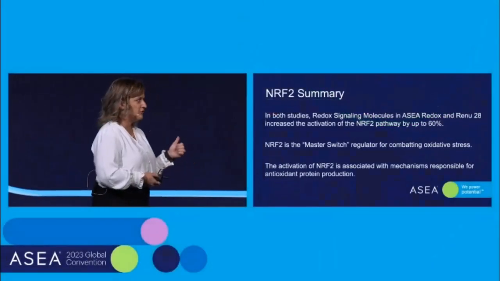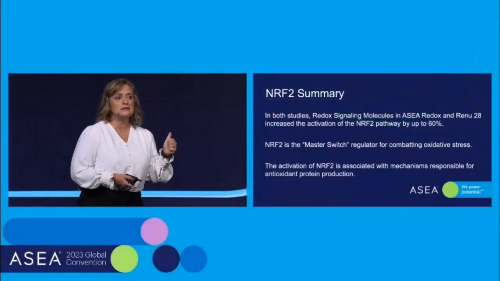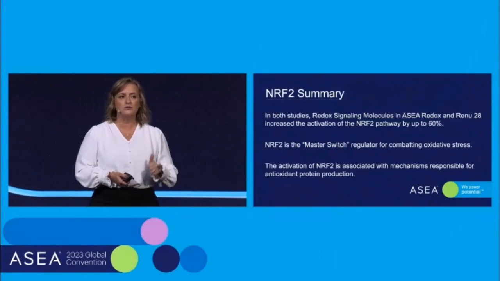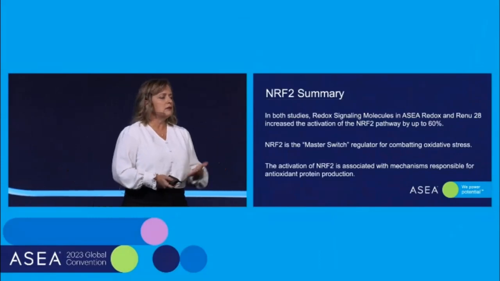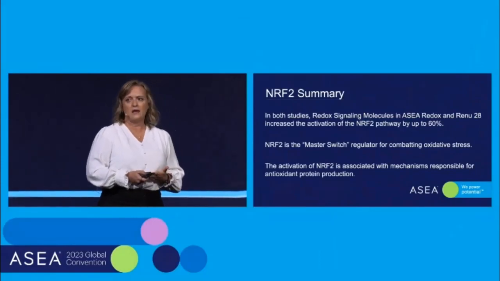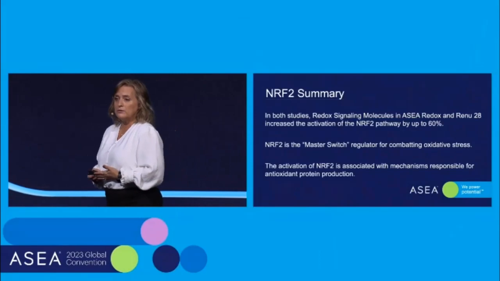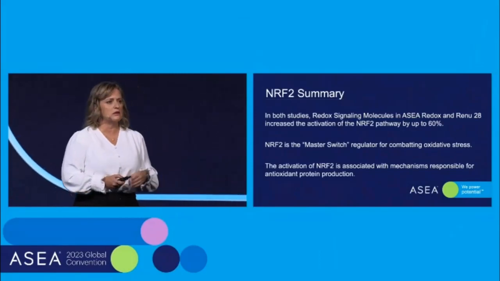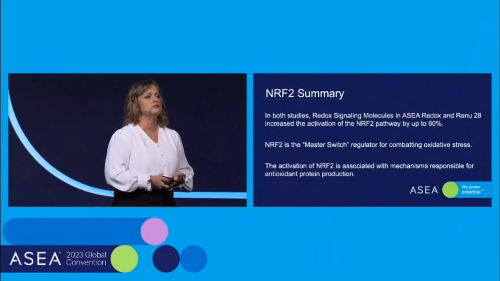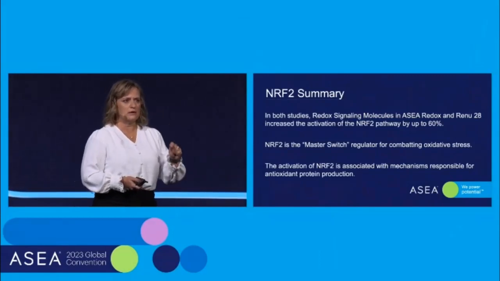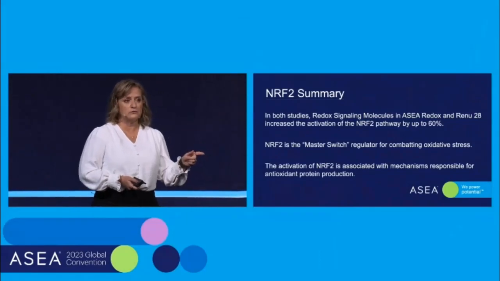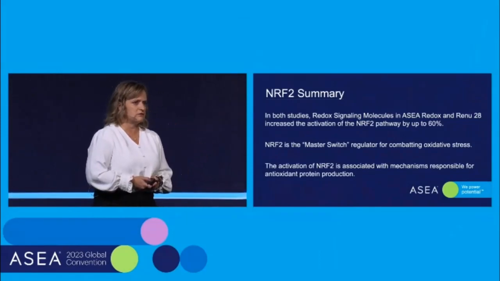So what can we conclude from both the Bath and Western Sydney studies? First, ASEA Redox as well as Renew28, meaning the redox signaling molecules found in these products, activate NRF2, the master switch regulator, to fight oxidative stress.